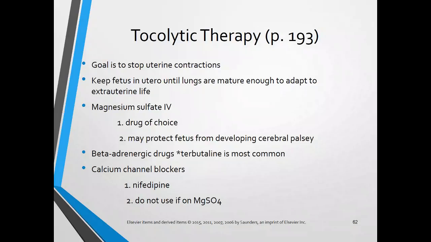Terbutaline is a common medication used to help stop the contractions. Those are beta adrenergic drugs. Calcium channel blockers also may be used. Not as common, but if they are used, you don't want to mix that with the magnesium sulfate.